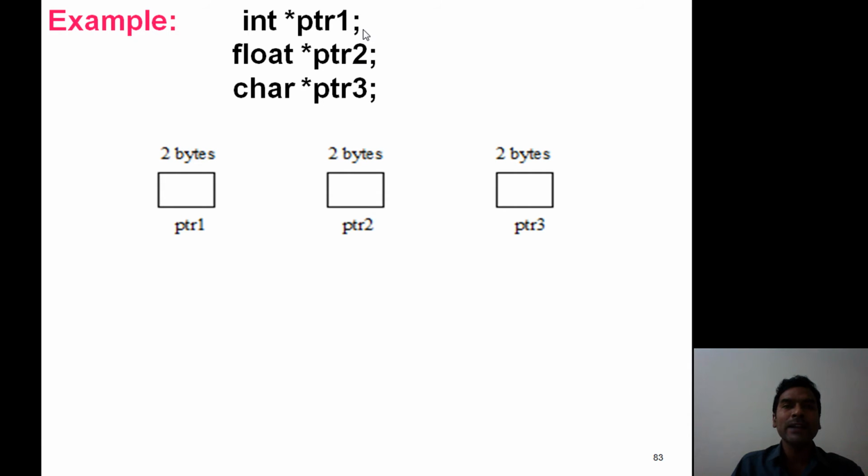Even though the pointer variables point to different data types, for every pointer variable the compiler allocates only 2 bytes. Why? Because these are pointer variables which are capable of holding some address. An address is always an unsigned integer, so to store integer values, 2 bytes of memory is sufficient. Okay? This is pointer declaration.